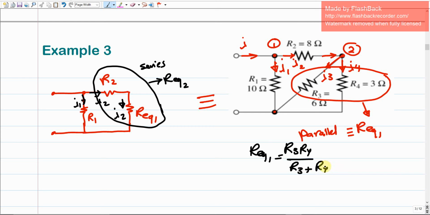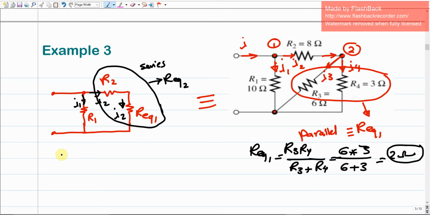Agree? So their multiplication, this is going to give us R3, which is 6 times 3, divided by 6 plus 3. If we did the calculation, this is going to give us just 2 ohms here. So this should be the R equivalent 1.